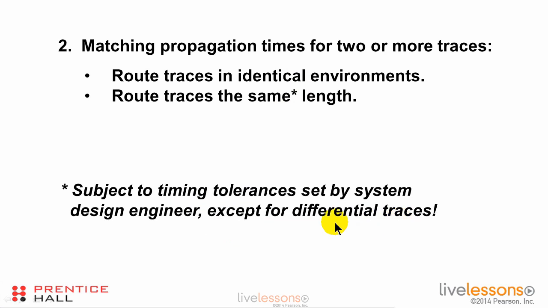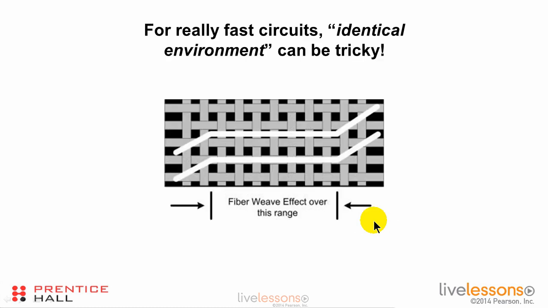And when we get to that lesson, I'll explain why we do want traces to be the same length in differential traces, even tighter than perhaps the tolerances set by the system. And that has to do with the generation of common mode signals and common mode EMI. But we'll get to that in another lesson.